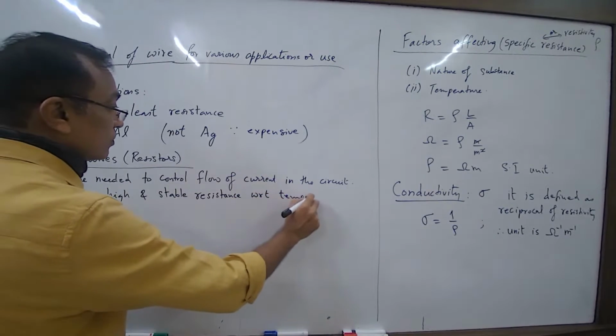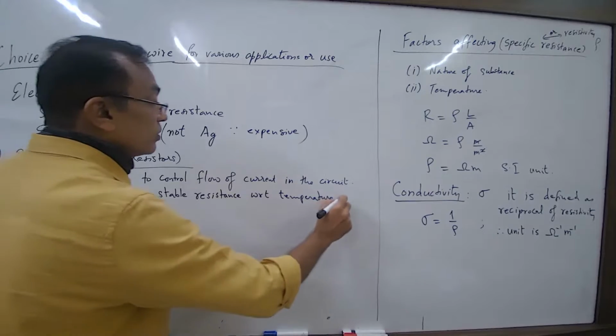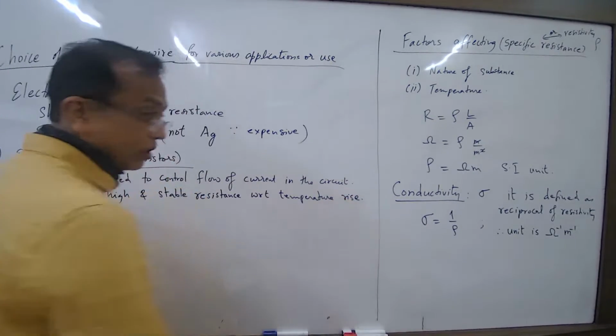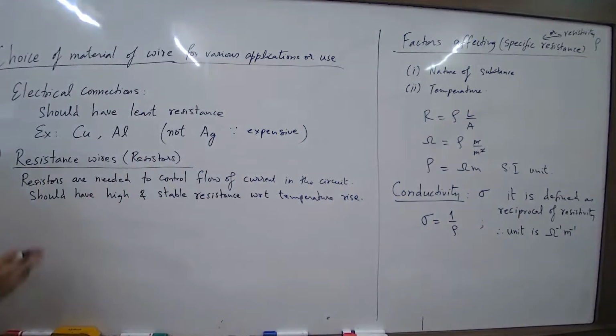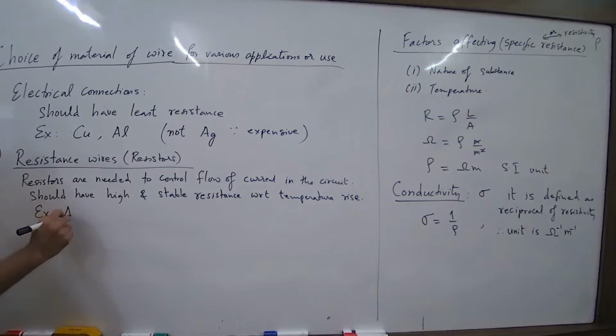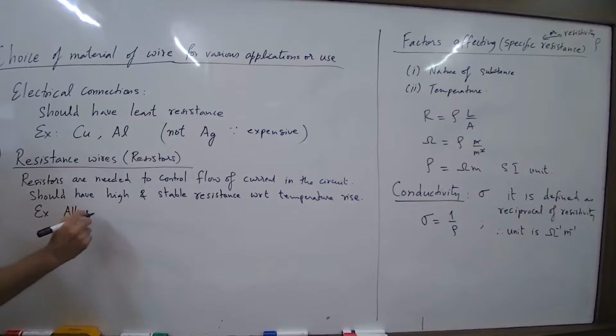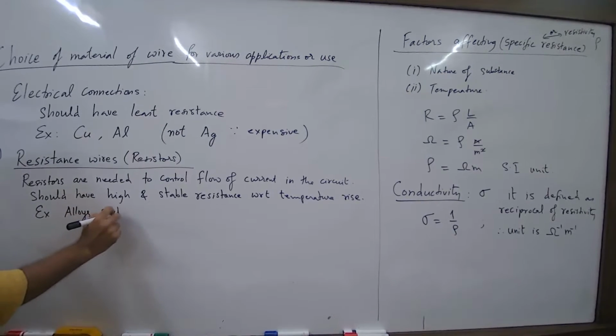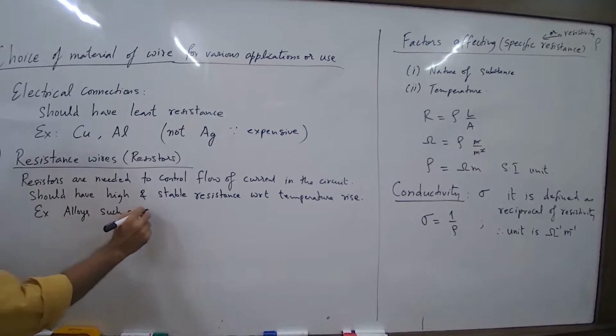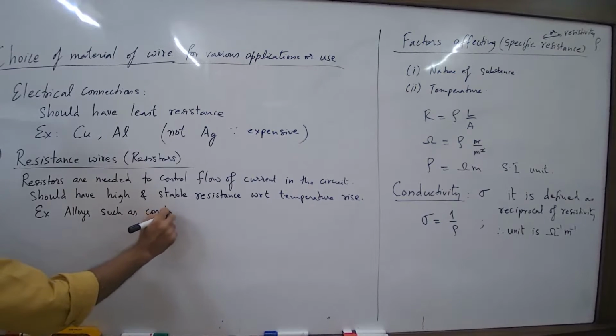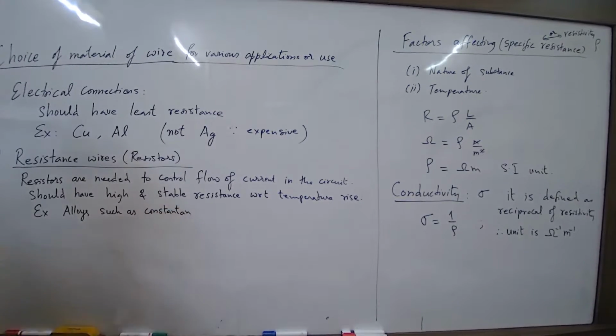We can't have pure elements for resistance wire, right? You need only alloys. So examples are alloys such as constantan.